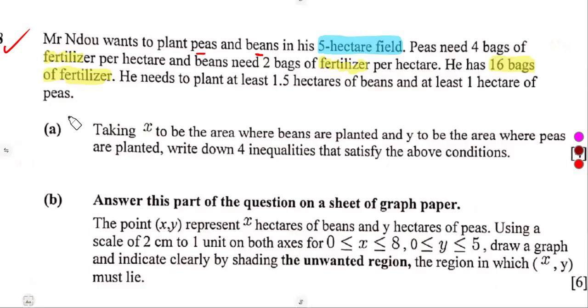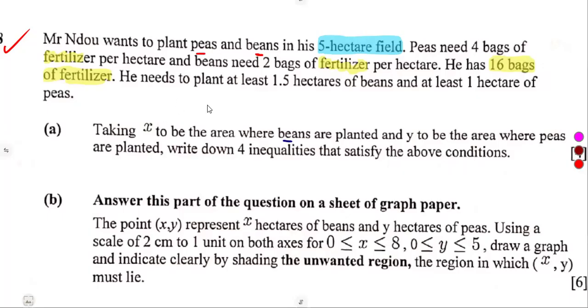The question: taking X to represent the area where beans are to be planted, and Y the area where peas are to be planted. So that is the condition.